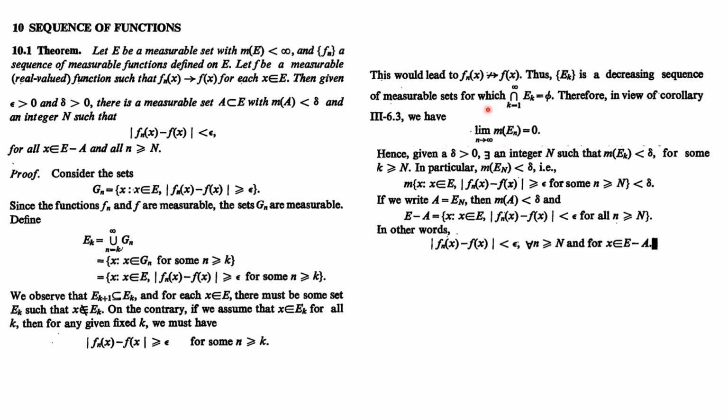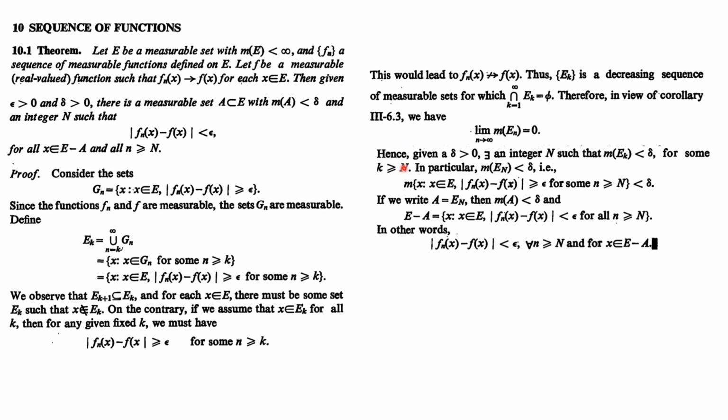Now by applying the definition of convergence, for a given delta greater than 0, there exists a positive integer N such that the measure of Ek is less than delta for some k greater than or equal to N. This is by the definition of convergence.